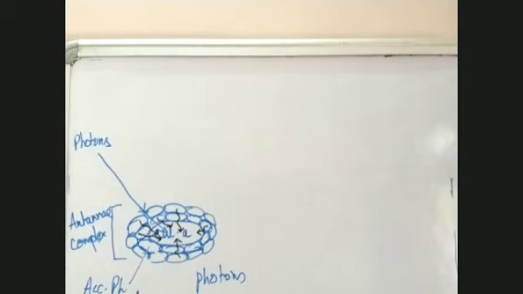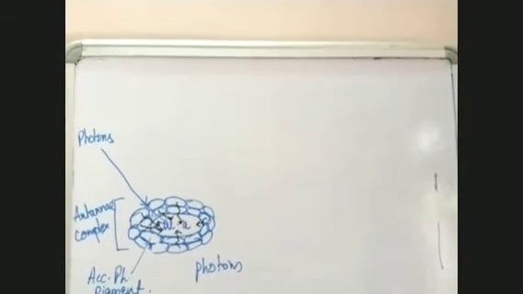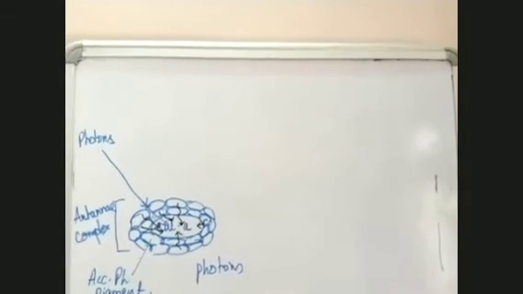So all the energy received by the accessory pigments is also transferred to chlorophyll A, which is the major photosynthetic pigment.